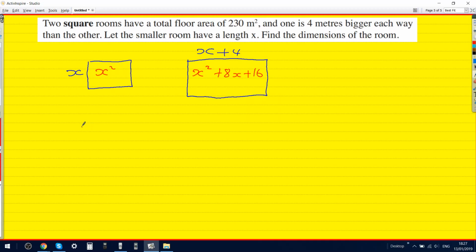Sorry, plus x squared plus... So I do x squared plus open bracket x squared plus 8x plus 16. And what do you know about that total? It's going to be 230 meters squared. Correct. It's going to be equal to 230. And now you have an equation.